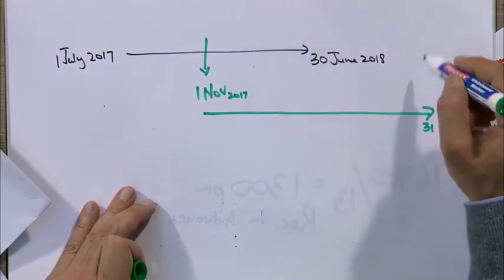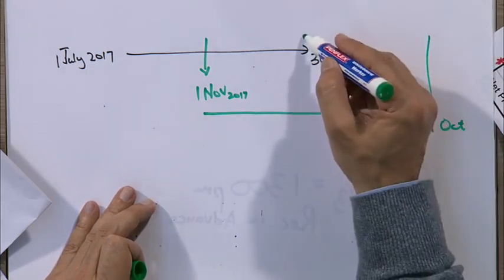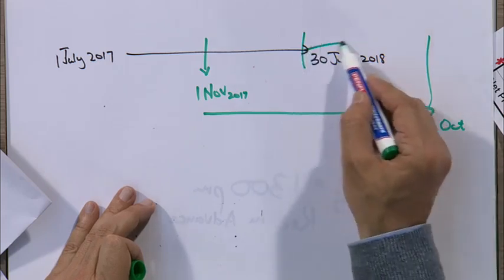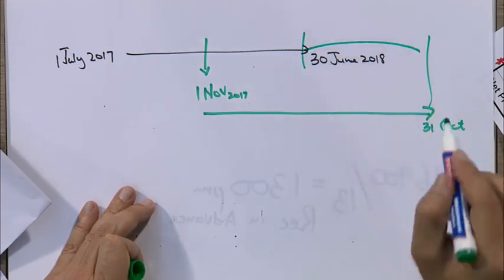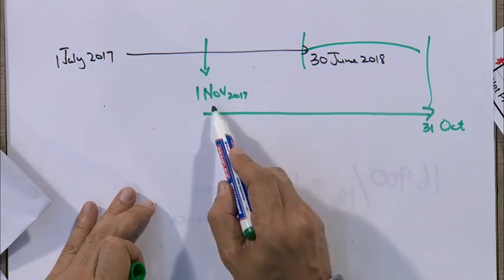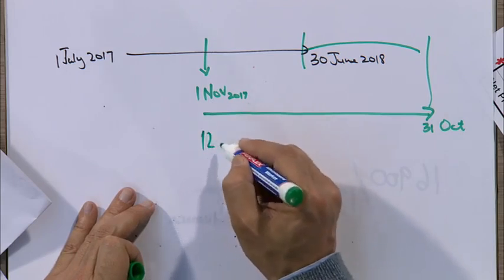So all the months after June until the 31st of October is paid for already. Right? Because you paid it in November and you're paying for 12 months.